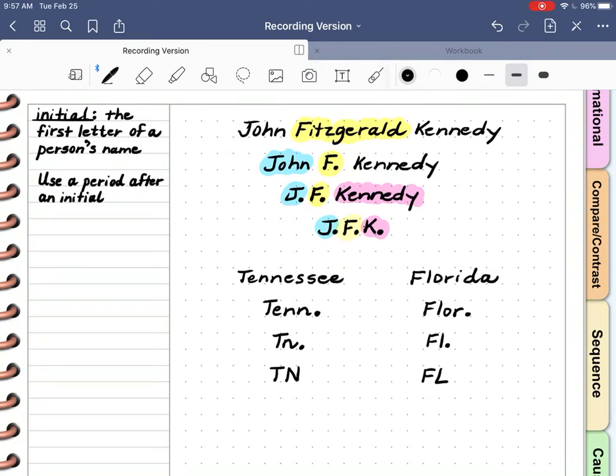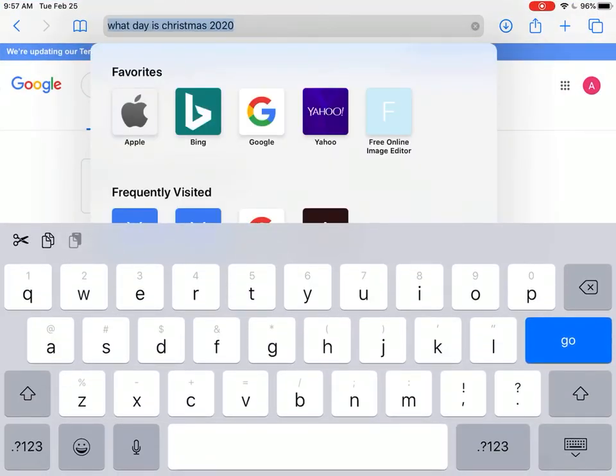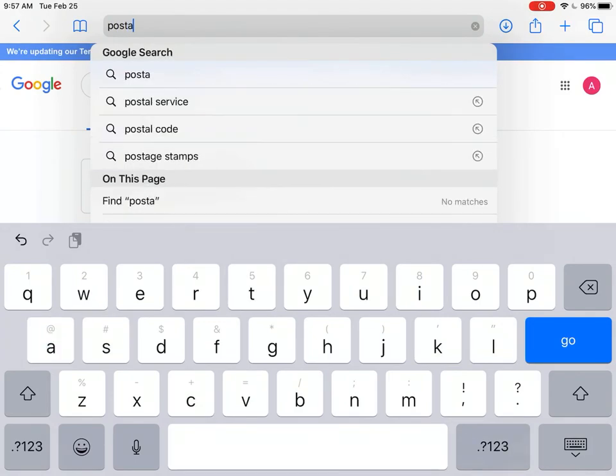So when you write a letter, if you still write letters by hand, the postal code wants us to use this form because it's easier to read people's handwriting when it's in all caps. But let's make sure that we have the right postal code for Florida. So you just type in what you're looking for. Postal code for Florida.